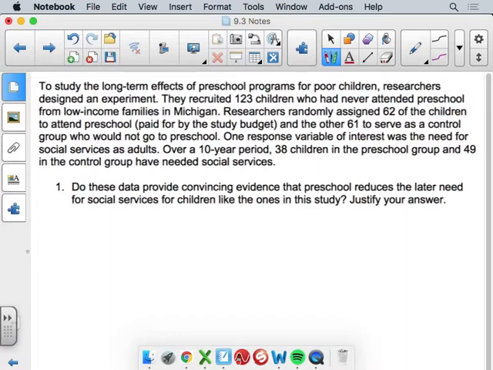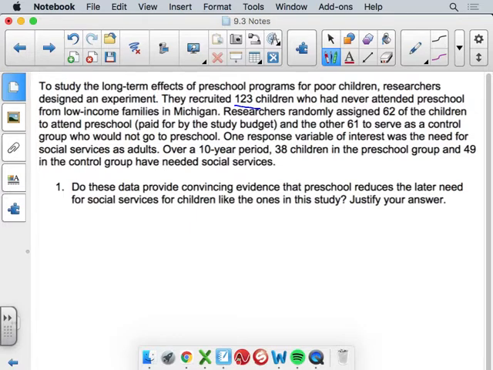All right, so let's try this one out. This is talking about people who attend preschool versus no preschool, and what effect it has on their needs later in life. They recruited 123 children who never attended preschool.